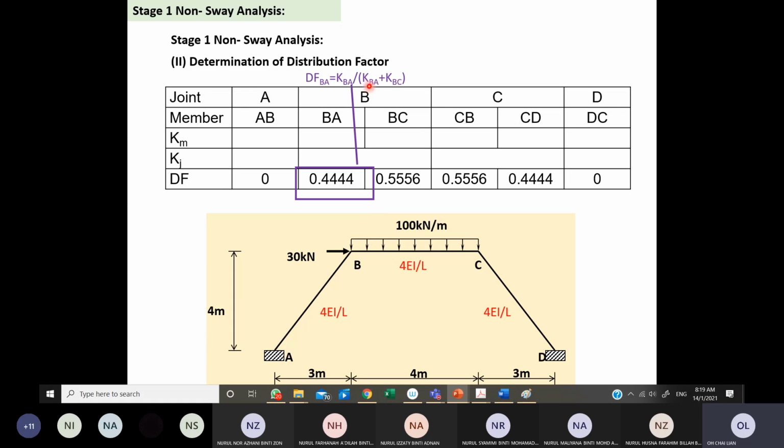That is why you divide by KBA plus KBC, meaning 4EI over 5 plus 4EI over 4. Then you will get 0.444. We are not going into details on this distribution factor, but it applies to both stage 1 and stage 2 analysis. Make sure you get it correctly.